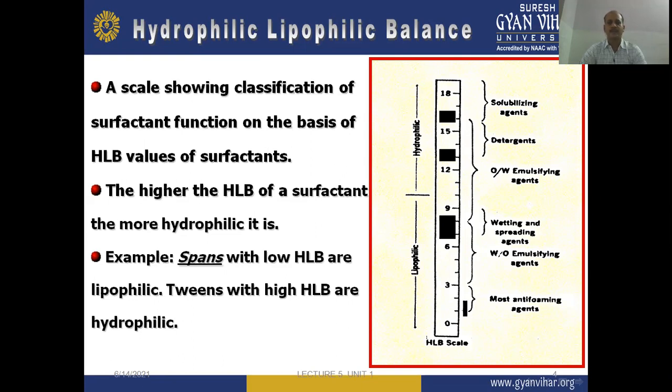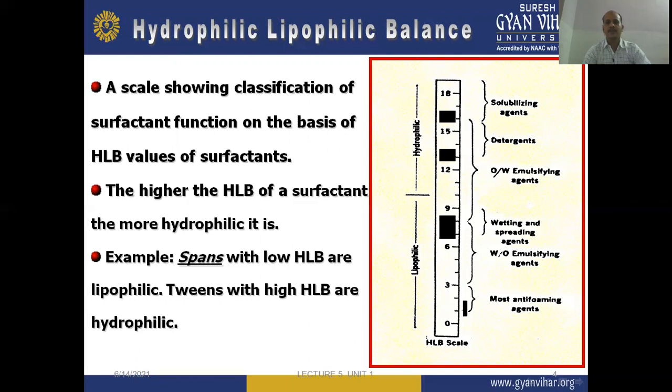If the value is less than 10, it can be classified as a lipophilic surfactant. A very common example of lipophilic surfactants is sorbitan esters, which are commonly known as spans. A high HLB value indicates the hydrophilicity of surfactants, and common examples are tweens, polyoxyethylene sorbitan esters, having an HLB value of more than 10. Both spans and tweens are non-ionic surfactants.